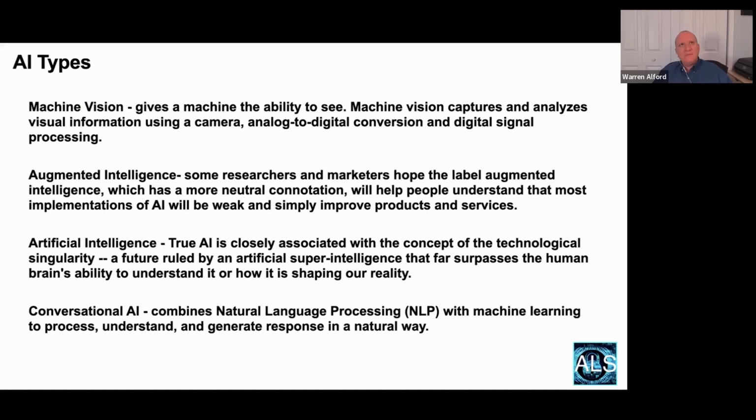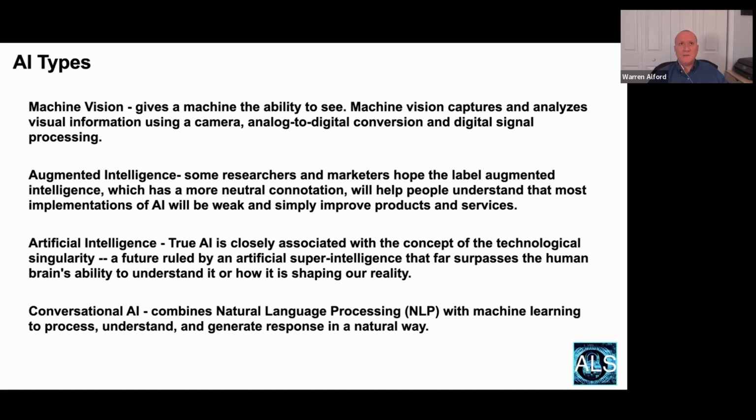Some AI types, we have machine vision, and this gives the machine the ability to be able to see. And this takes the image or images and it breaks it down into digital bits and bytes. And then it's able to use that information inside the model. So facial recognition, vehicles being able to see and recognize certain objects. That's an example of that as well.